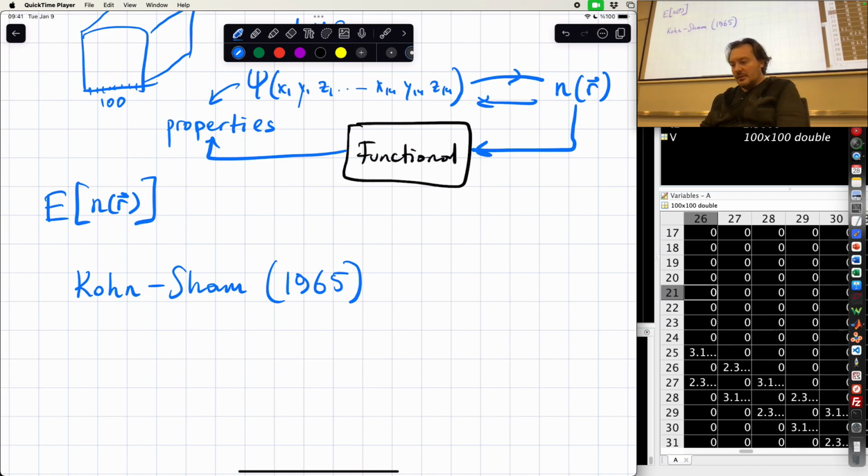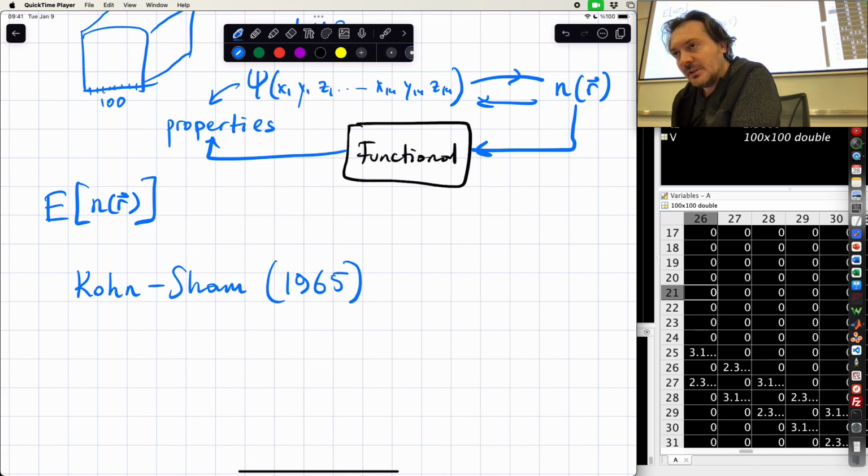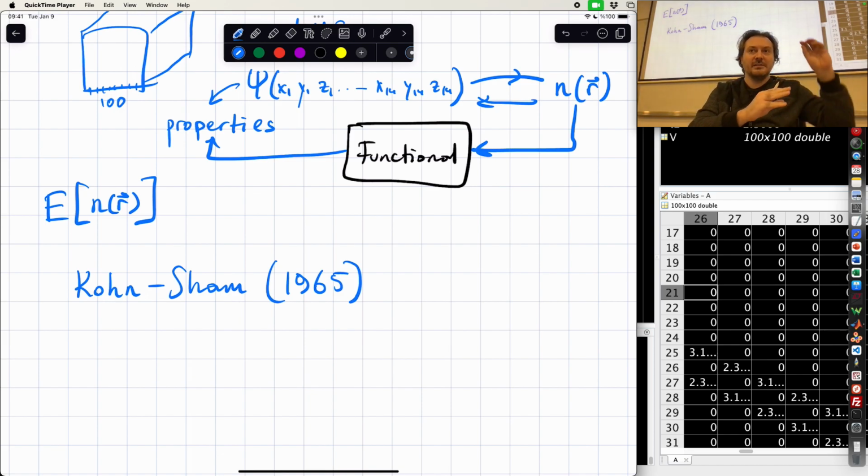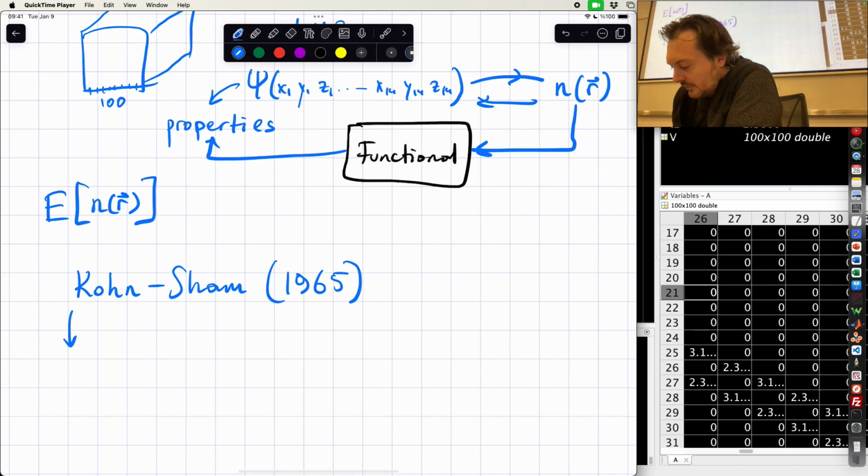In this theory, remember, always keep in mind the difference between the many-body wave function, which is entangled, very complicated stuff, and then there are orbitals. Remember the orbitals, which are separate functions, right? So here we start with Kohn-Sham orbitals.